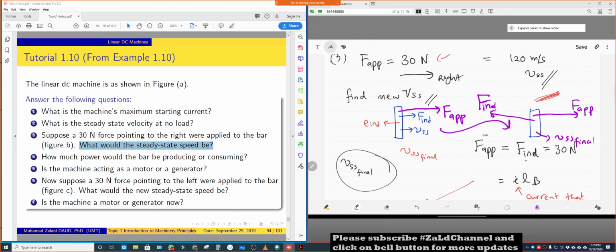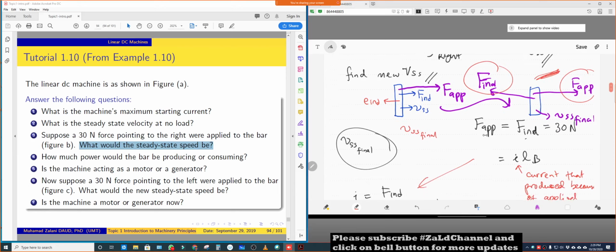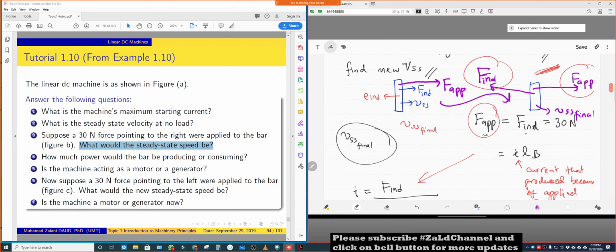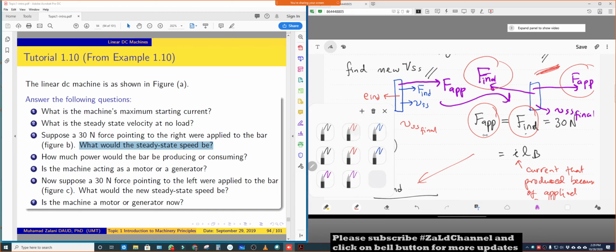So it will achieve VSS final after F applied equals F induced. Can you see that? So after applied force equals induced force, it achieves another steady state speed.